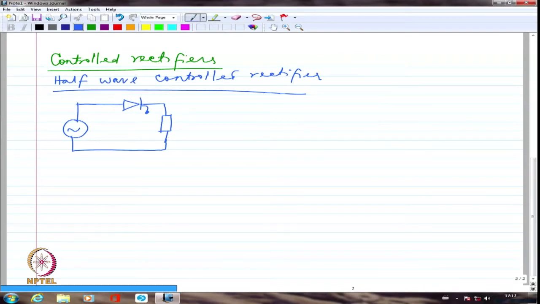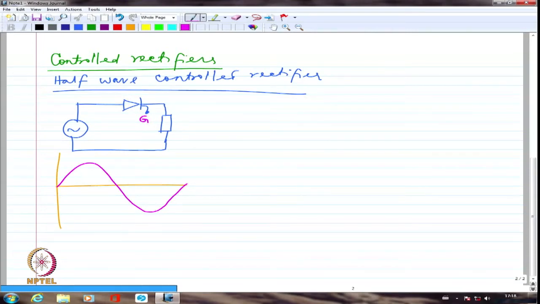So if I have my sinusoidal voltage somewhat like this, I can choose to make this device conduct by giving a gate pulse at any point in time. But clearly, for an SCR to conduct, two conditions have to be satisfied.